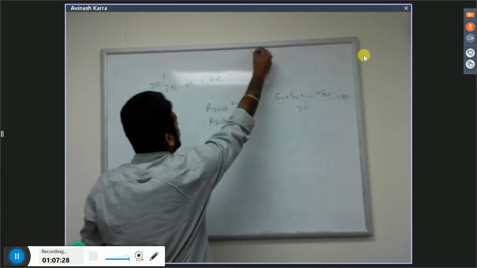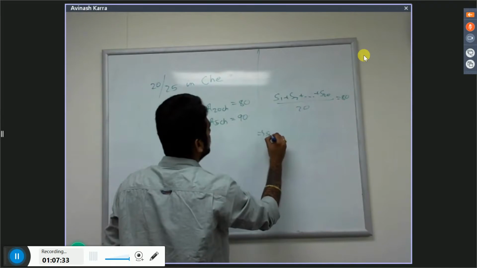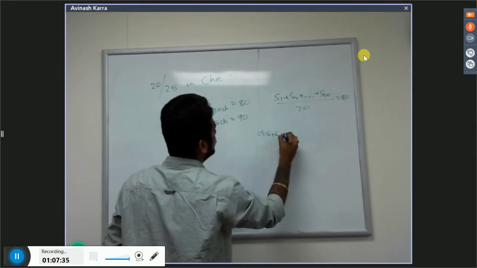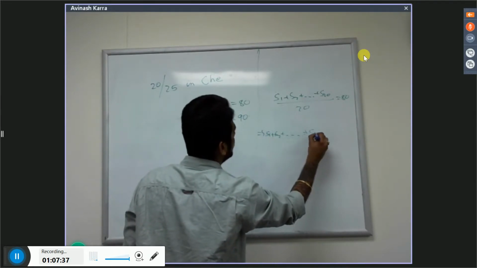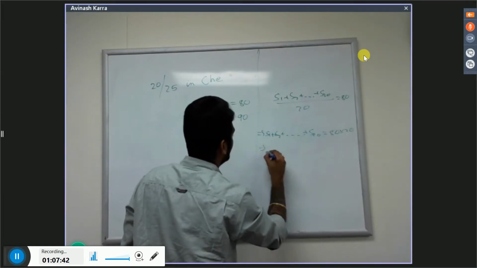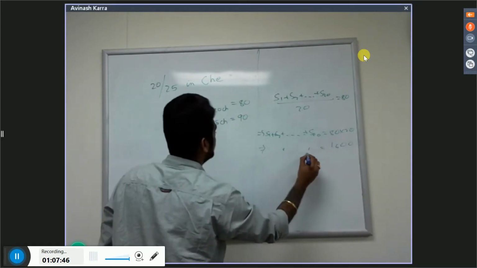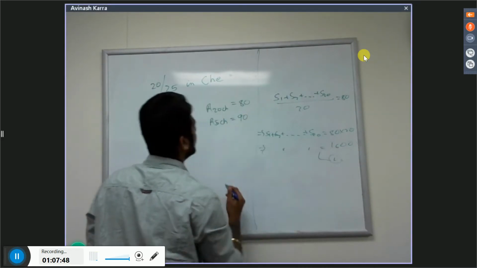So S1 plus S2 plus so on to S20 is equal to 80 into 20, which is 1600. This is equation 1.